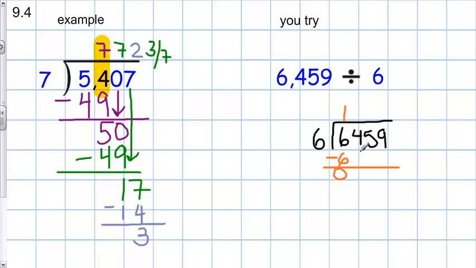So I'm going to subtract 6. 0, bring down my 4. How many times does 6 go into 4? 0. 6 times 0, 0. So I'm going to subtract 0. So I'm going to have 4. I'm going to have to bring down my 5.